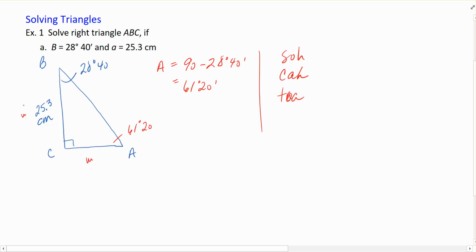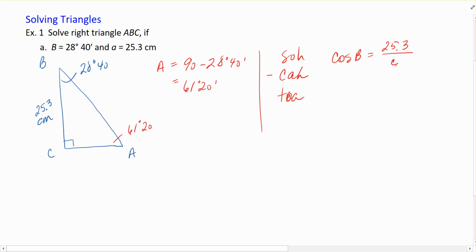So let's just choose cosine, because it was just right there. So I'm saying the cosine of angle B has to be equal to adjacent, which would be 25.3 over side C, little c, right?